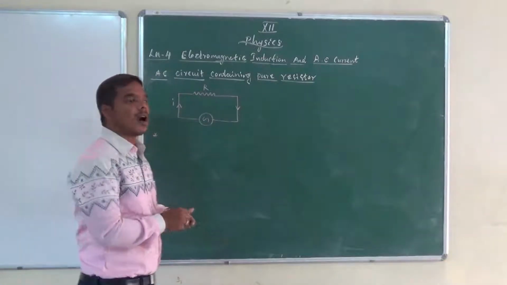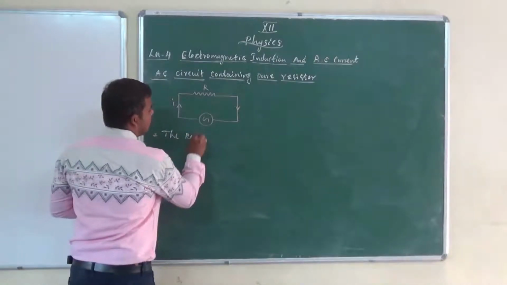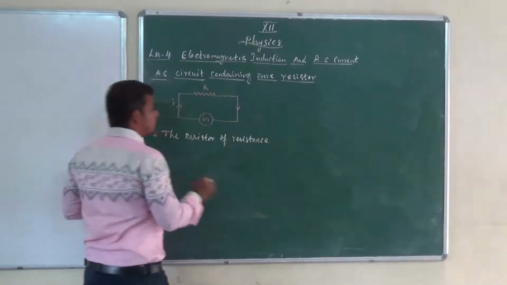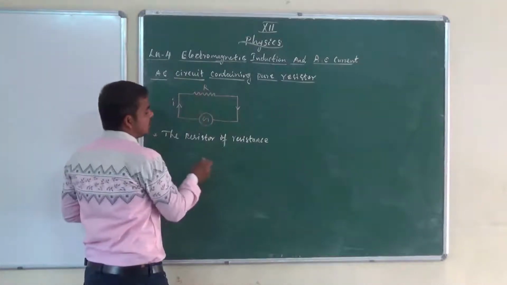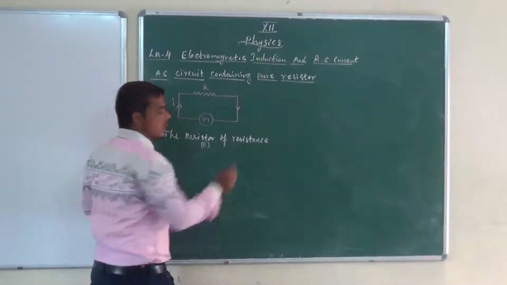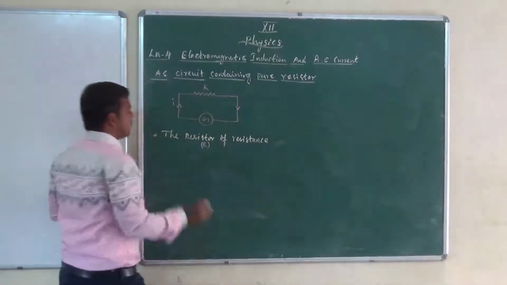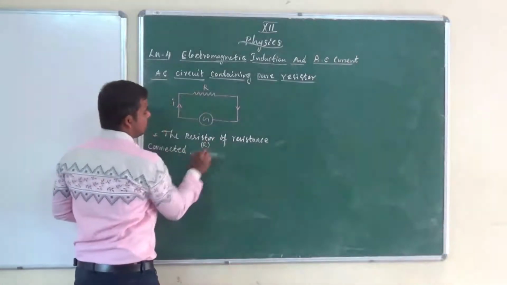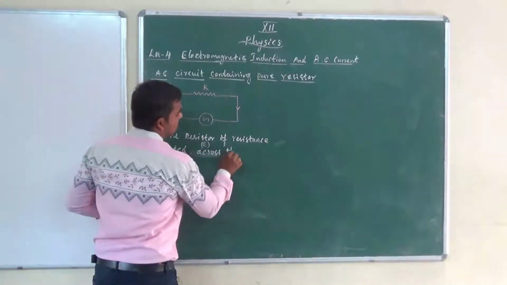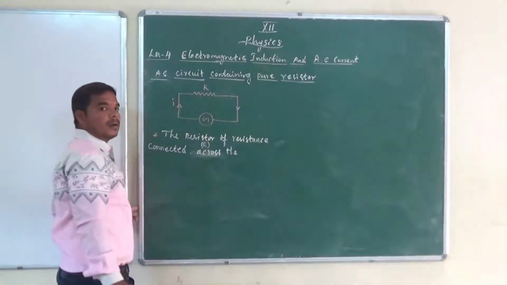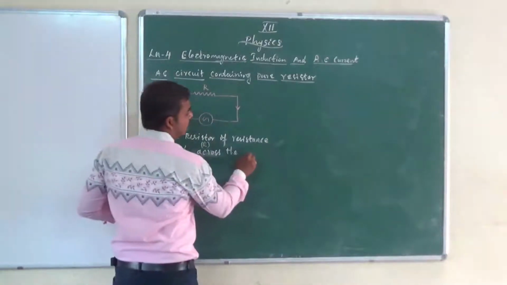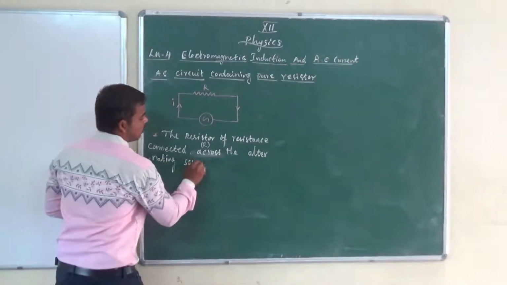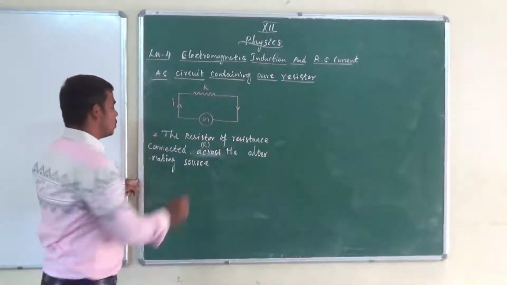The resistor of resistance R is connected across the alternating source, the alternating voltage source.